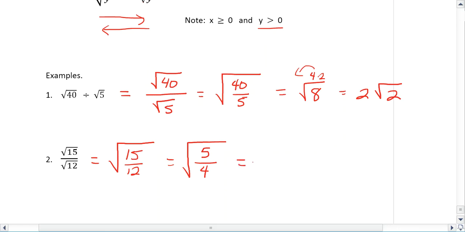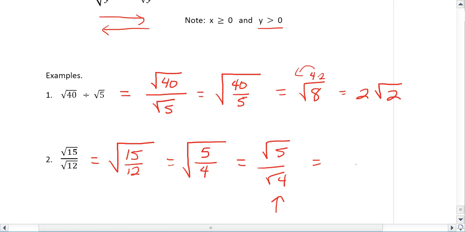A radical fraction is not considered simplified if you have a square root or any root in the denominator, because we can't divide by an irrational number. We want to avoid that. So when I split this one up, I have square root 5 over square root 4. And this makes us very happy to see.